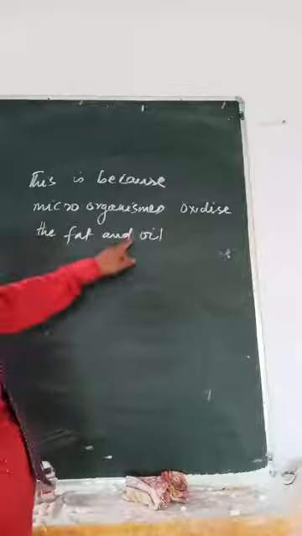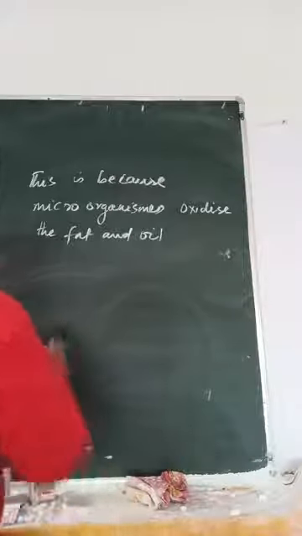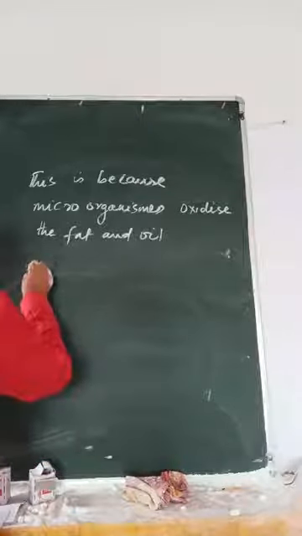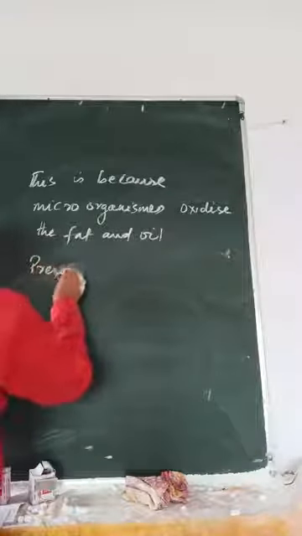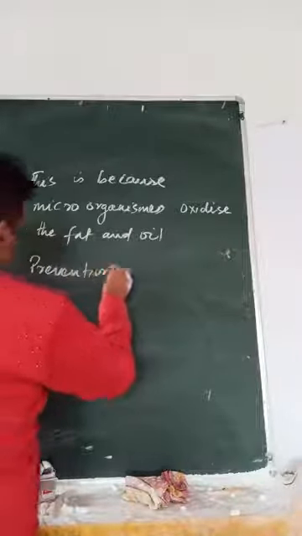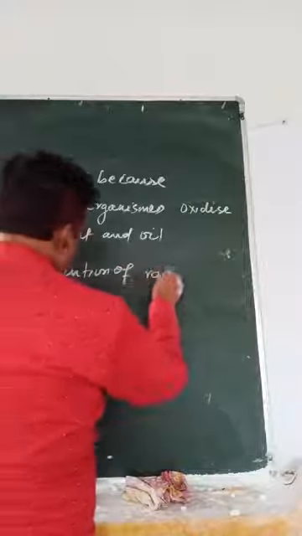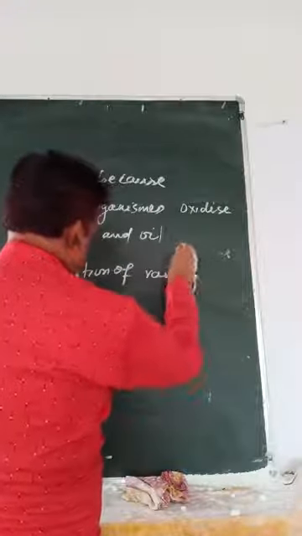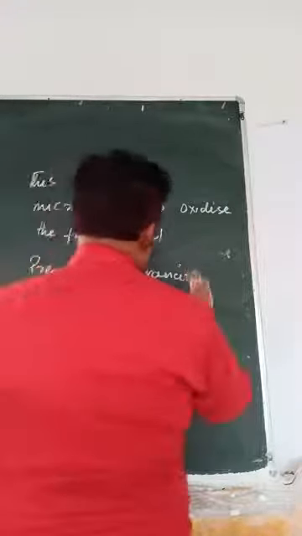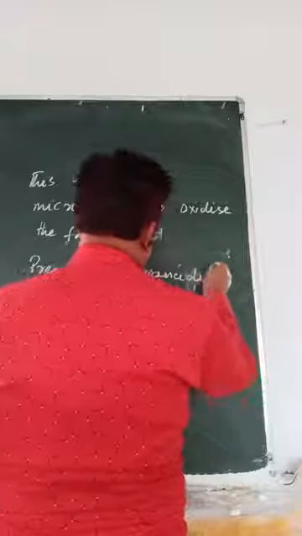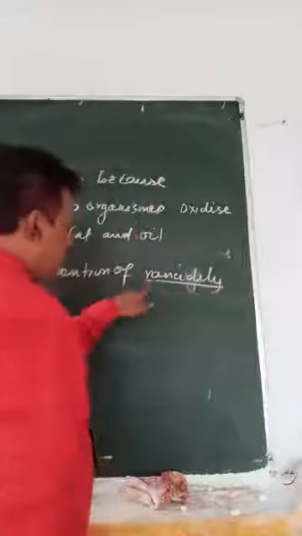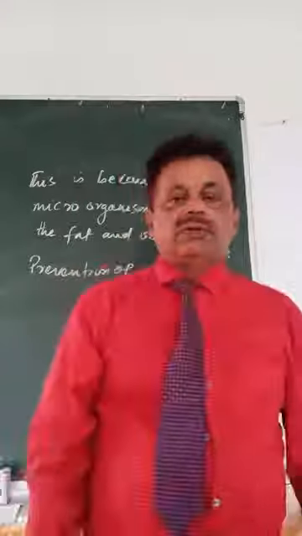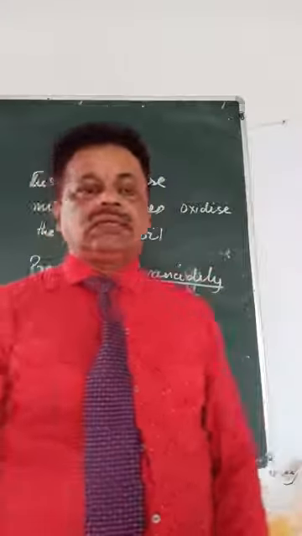Now, prevention of rancidity. How to prevent it? Remember, rancidity occurs at a temperature from 30 to 32 degrees.